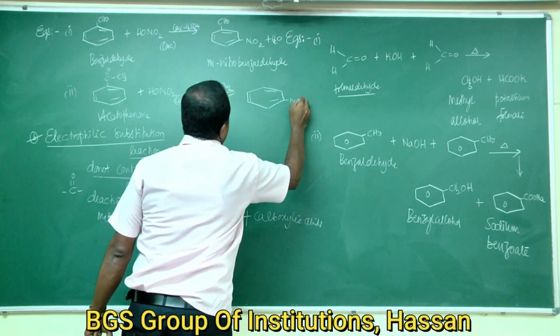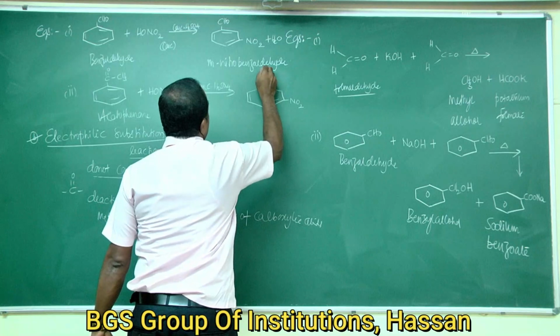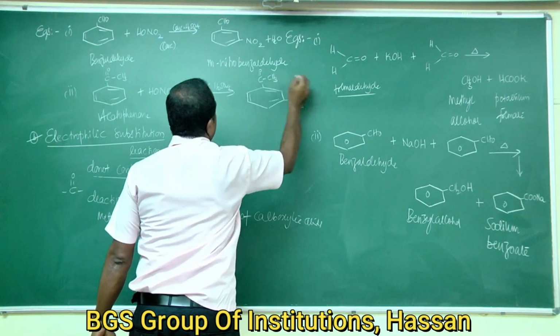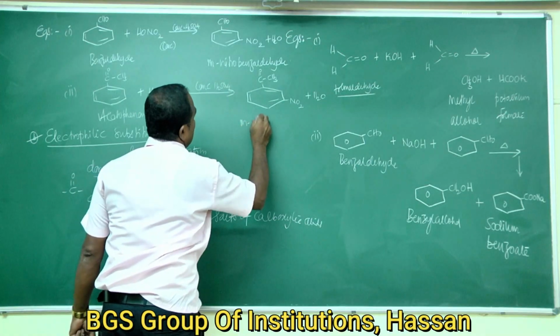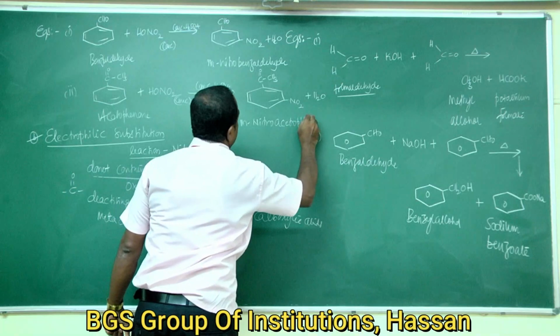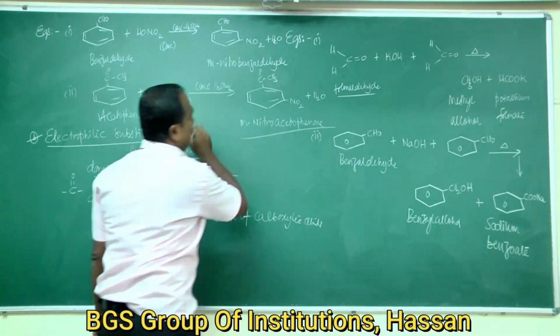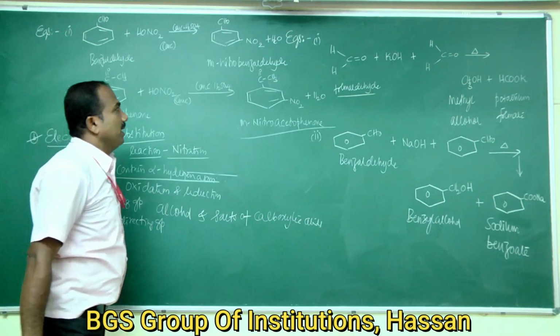This has nitro at the meta position and COCH3, plus H2O. This is meta-nitro-acetophenone. Only one major product is formed in both.